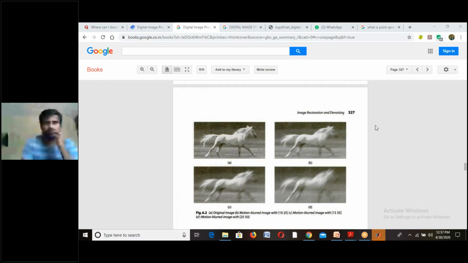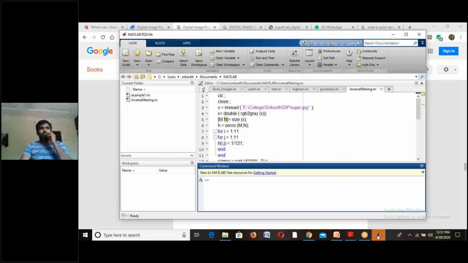With this, we can conclude the last chapter of your image processing. My suggestion is to go through the concepts once and try to implement them using MATLAB.